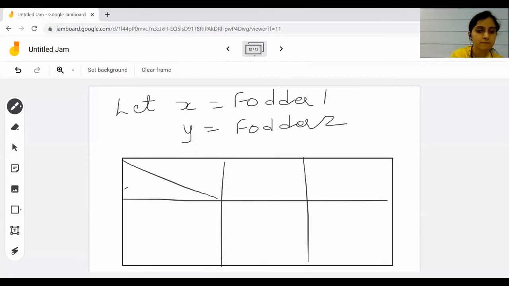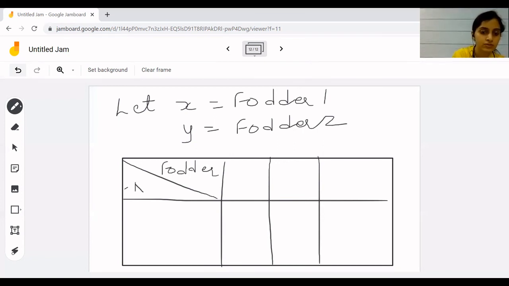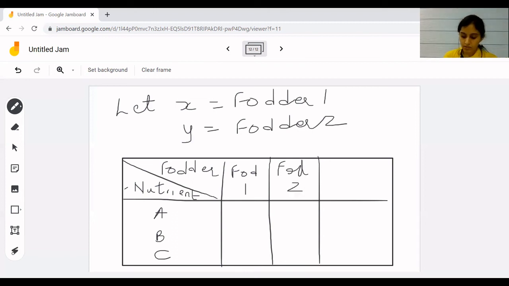Then we have A, B, C here. We have fodder 1, fodder 2, and minimum requirements. That is, each vitamin's minimum requirement is given to you.